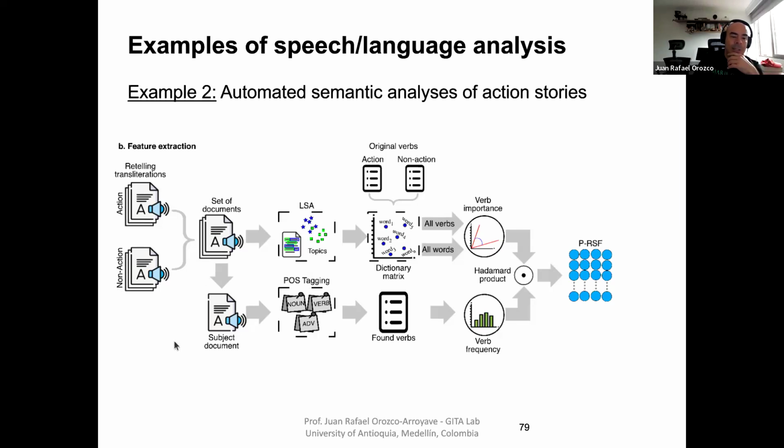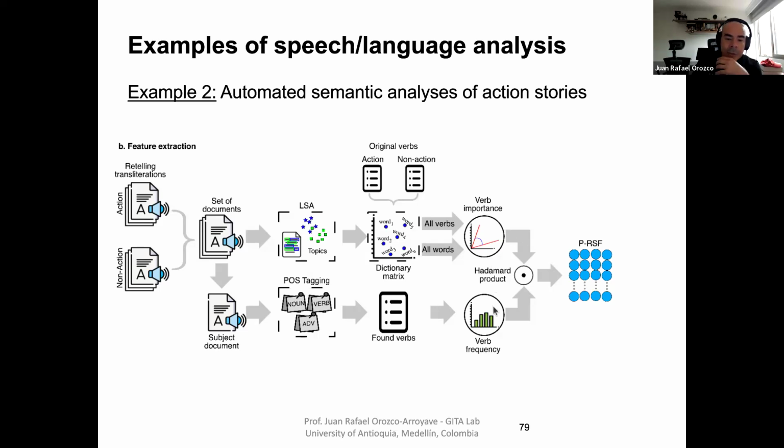So we took apart each subject one by one, and the remaining texts were here. Then we created a vector representation for all of the words. And we found by POS tagging which were verbs and which were not verbs. So we had all of the verbs and all of the words. And then we measured the importance of the verbs according to the weight found in the latent semantic analysis.